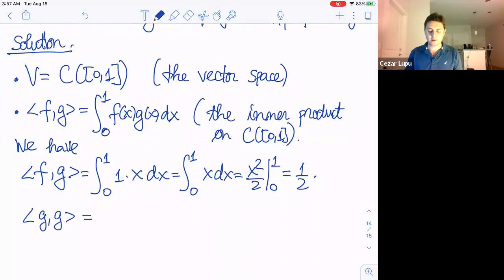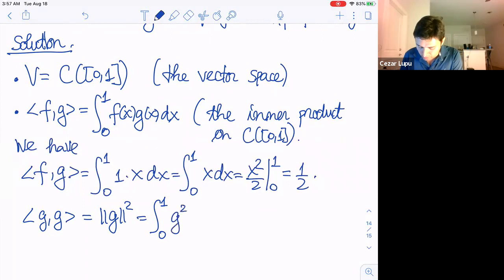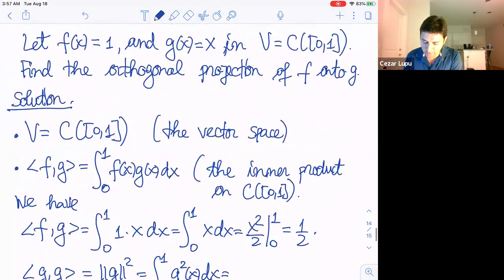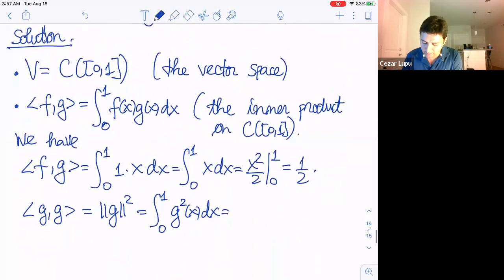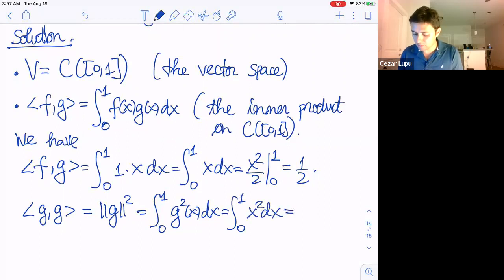In other words, this will be nothing else than just the length of g squared, which is the integral from 0 to 1 of g squared of x dx, where g of x is x. So this is the integral from 0 to 1 of x squared dx, which is x cubed over 3 from 0 to 1, which is 1/3.